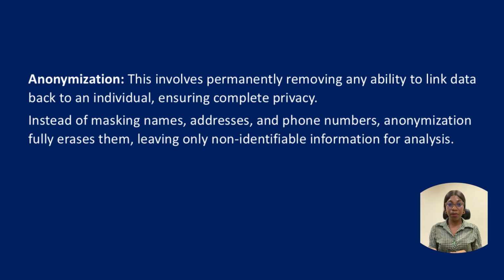If the data is anonymized, all personally identifiable information will be stripped away, making it perfect for broader and non-specific research where individual re-identification is not needed. So you use anonymization when complete privacy is essential, such as public data sharing or large-scale research projects.